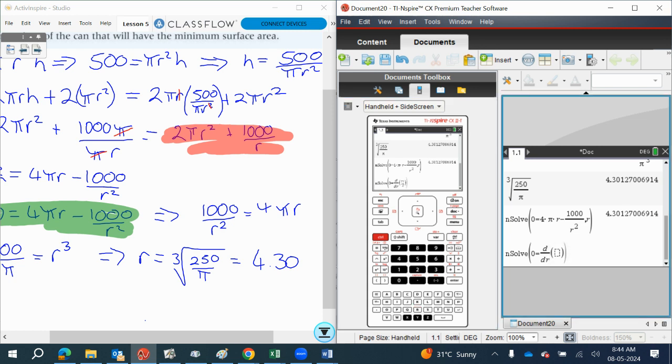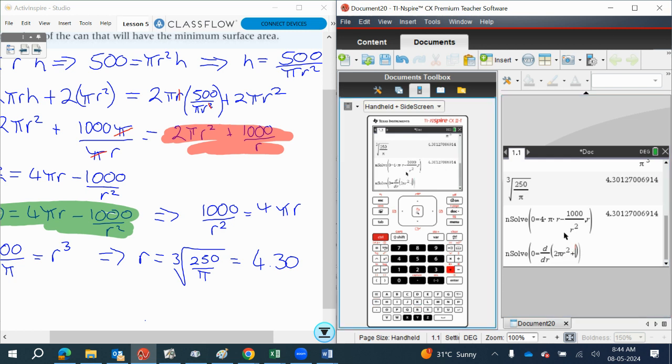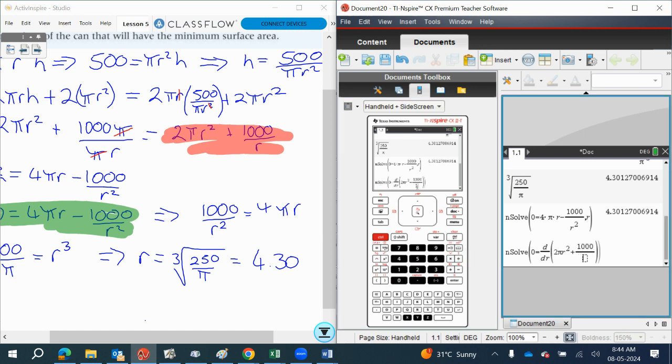We want to differentiate the term 2 pi r squared plus 1000 over r. We want to differentiate this expression with respect to r, then set it equal to 0, then solve the equation, comma, for the variable r.